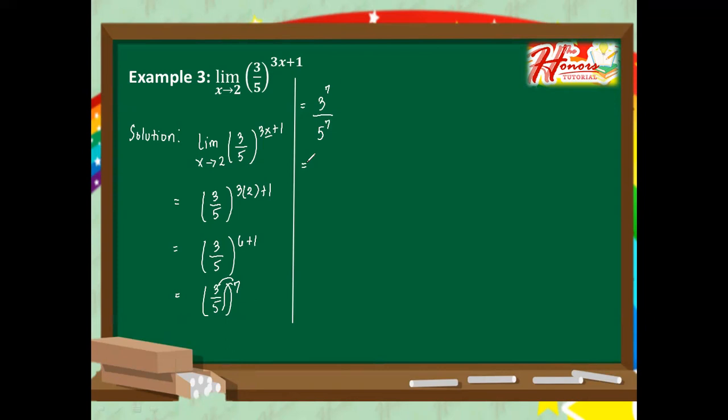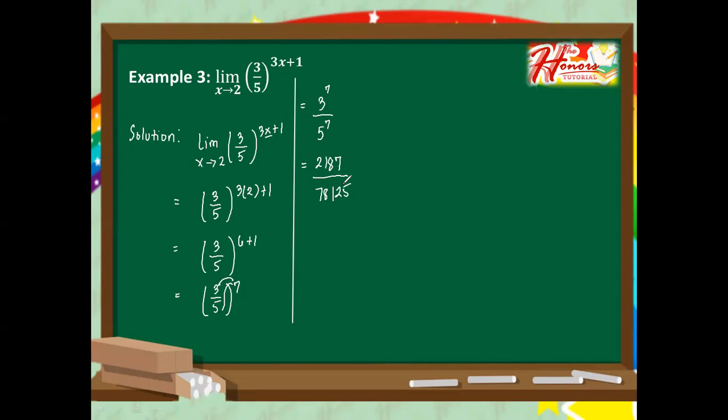And that is equal to 2,187 over 5 raised to 7. That is equal to 78,125.